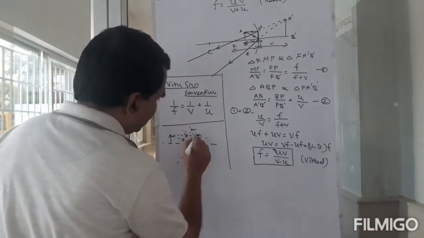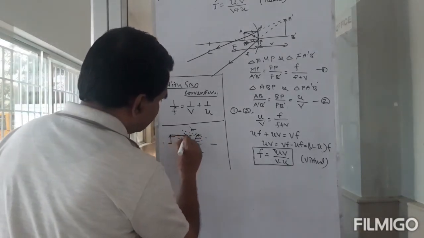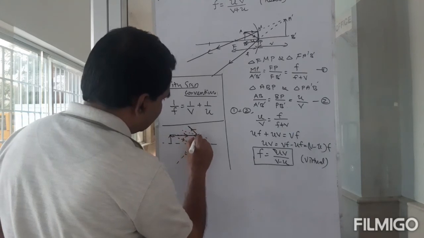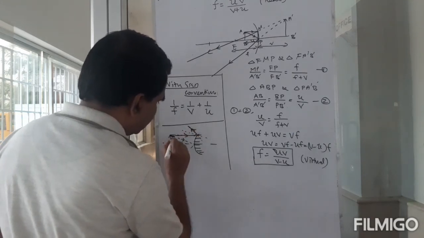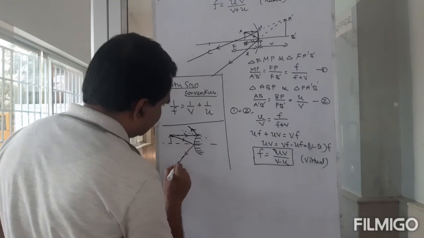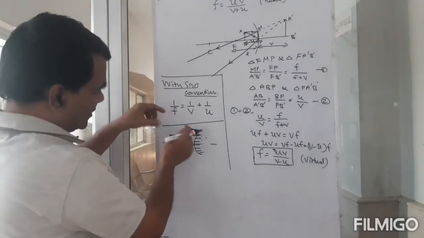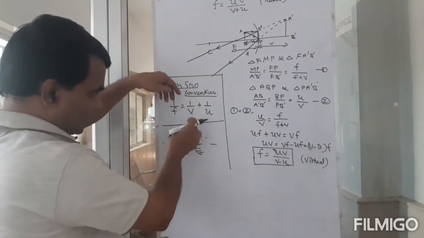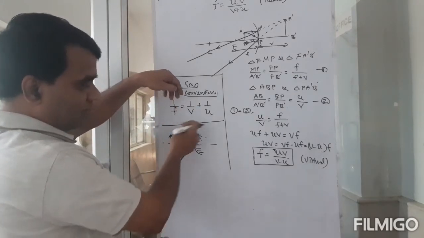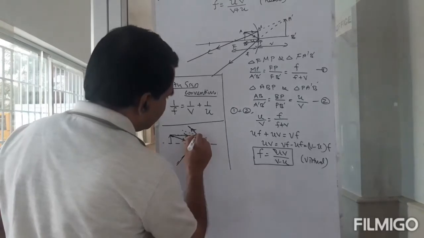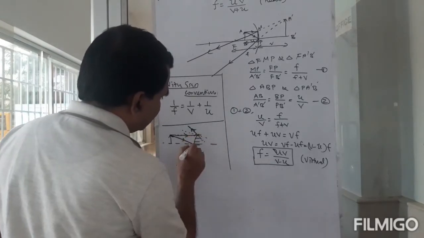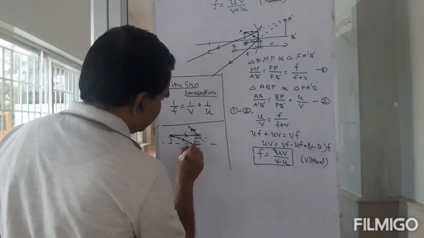So what you do is, let's say this is a ray, hits there and then it goes like that, and this is a ray that hits there and then goes like that. Now they don't converge, so this ray is like that, this ray is like that, and all the other rays in between will be like this. So what you do is you extend it virtually.